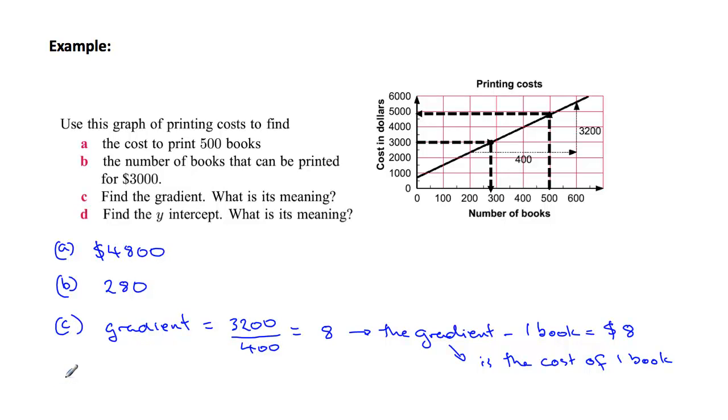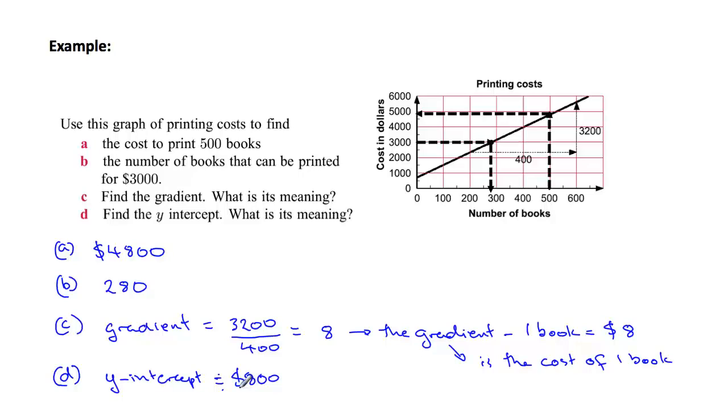And then finally, it says find the y-intercept. What is the meaning? Well, you can see that the y-intercept doesn't cut right at 0. If you look at it carefully, you can see it's greater than 500 and less than 1,000. So what we're going to say is that the y-intercept is approximately equal to 800.